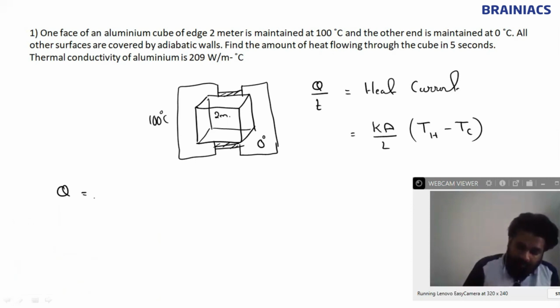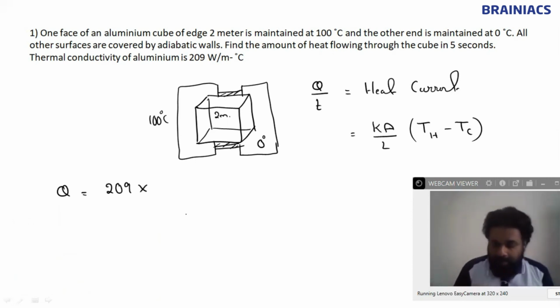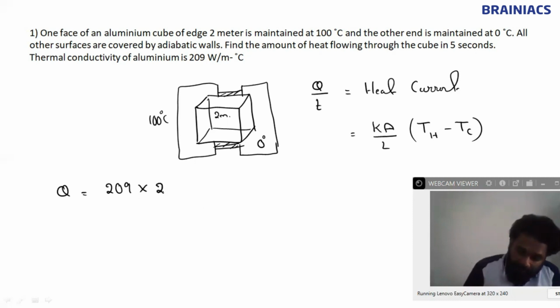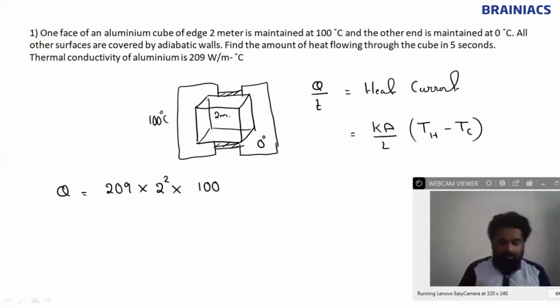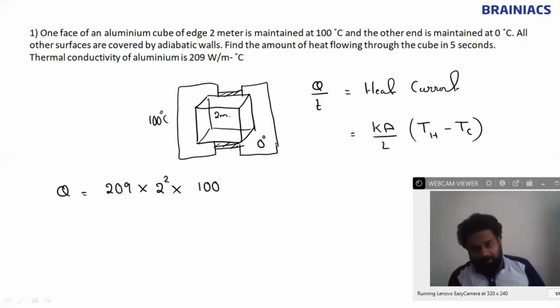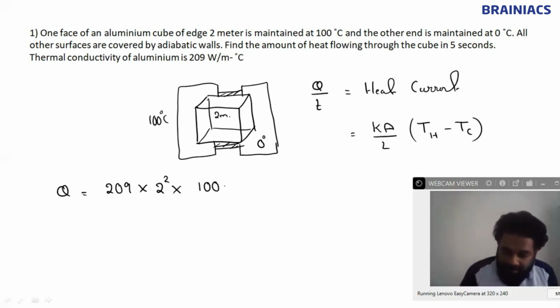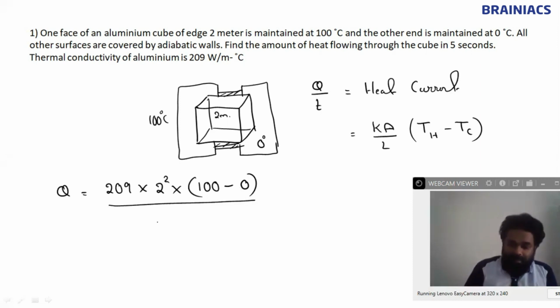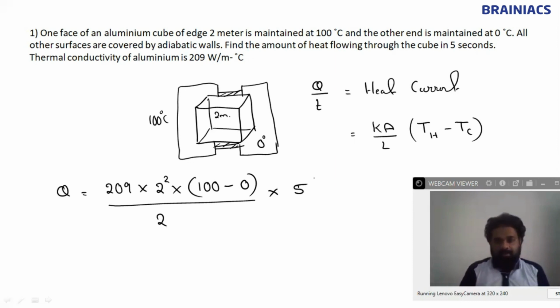So Q is equal to K, which is given as 209, and area is not given but edge is given, so we can understand the cross sectional area is 2 squared, and Th is 100 degrees Celsius minus 0, divided by L, the length, which is again 2 meter, into time T, given as 5 seconds.